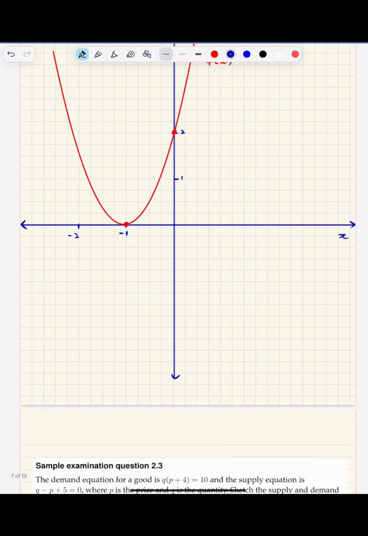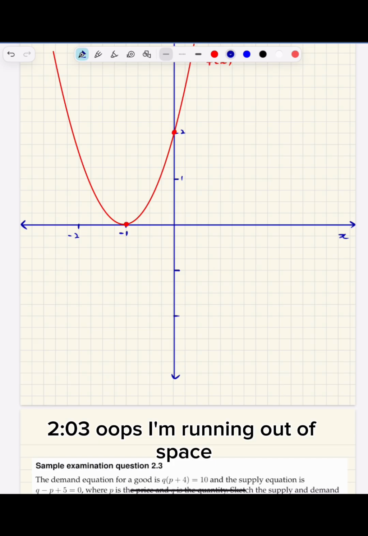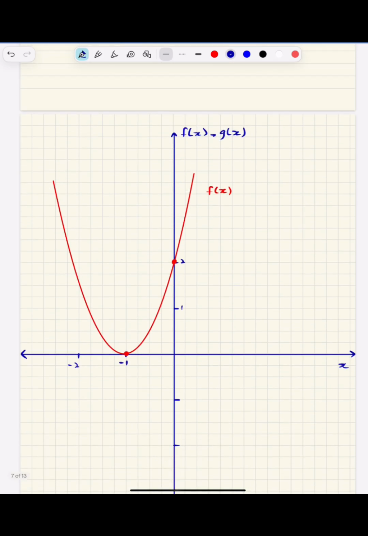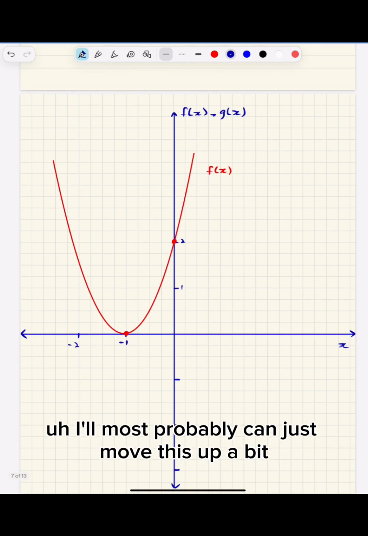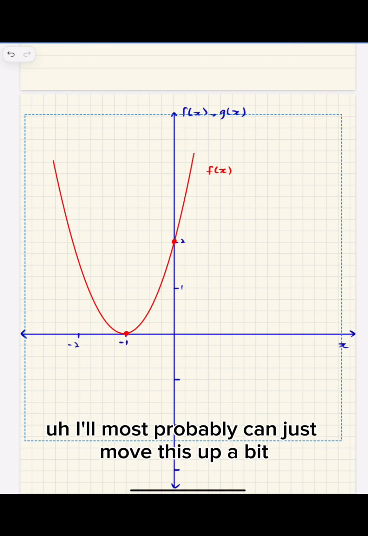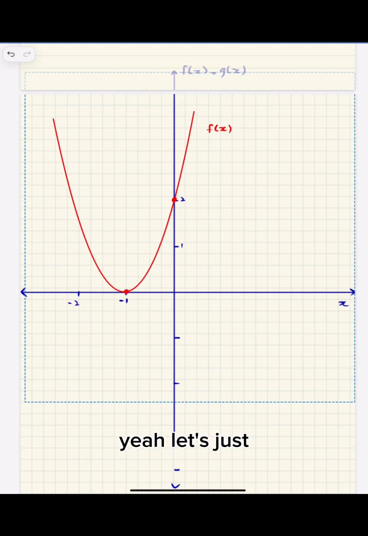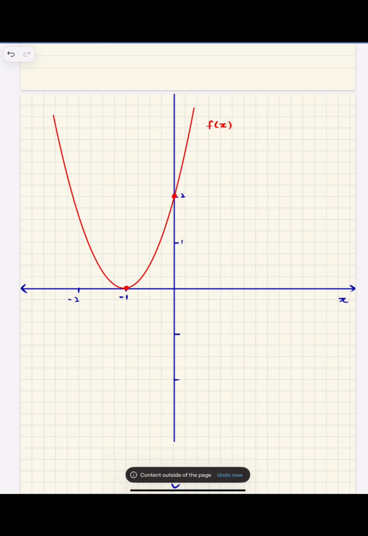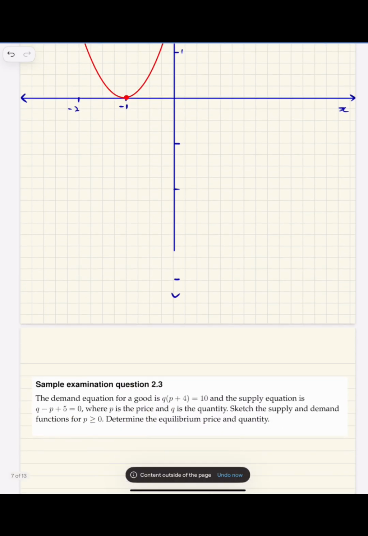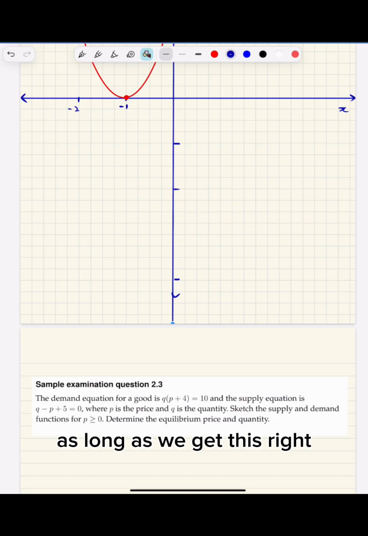Oops, I'm running out of space. I'll most probably just move this up a bit. It's okay as long as we get this right.